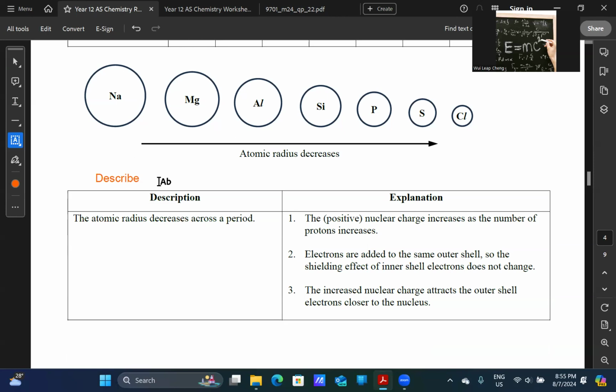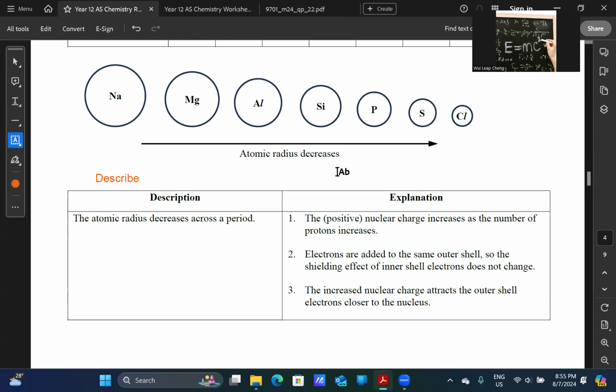The only answer is what I have written here. The atomic radius decreases across a period, that's all. If they say state the change, describe, then the answer is atomic radius decreases across a period.